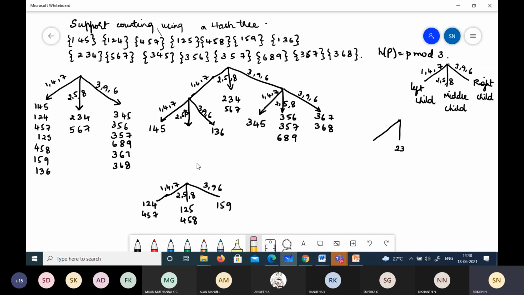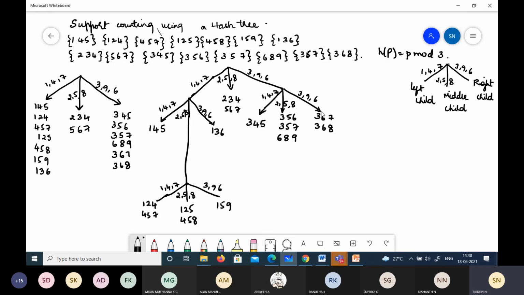Okay, this I'll check whether I can attach. Okay, this you will have here. This is your final tree. Okay. Final tree structure. So looking into the transaction, you can just find out the support count for this.